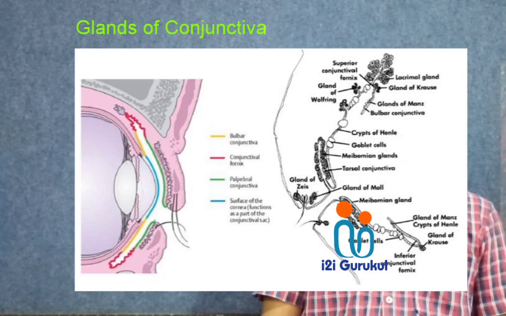Coming to the next, goblet cells are present in the bulbar conjunctiva. Glands of Manz are arranged in a ring around the cornea.